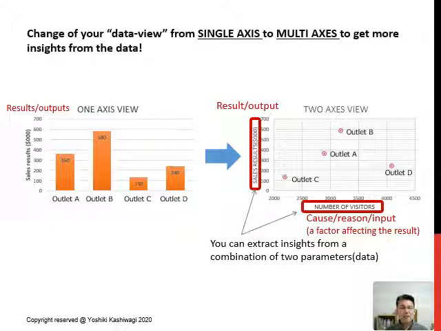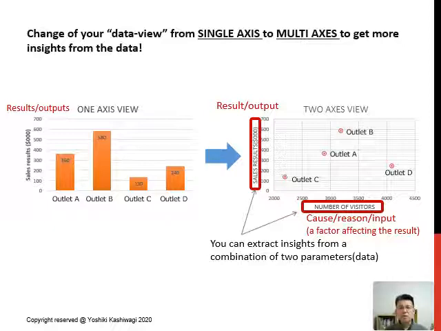I don't see any issue for outlets A, B, and C because they are almost on the line, a straight line between number of visitors and the sales result. On the other hand, outlet D is far from this normal line, so to speak.